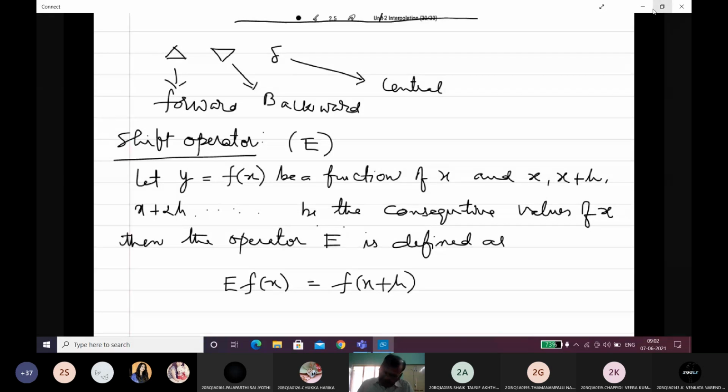E is called the shift operator, or we call this one a displacement operator.